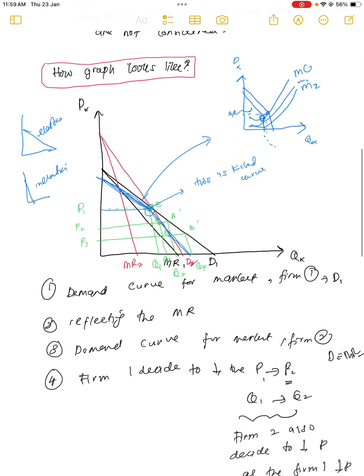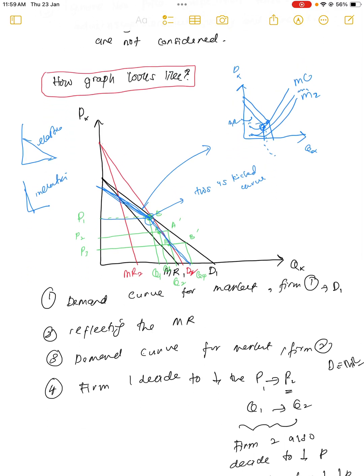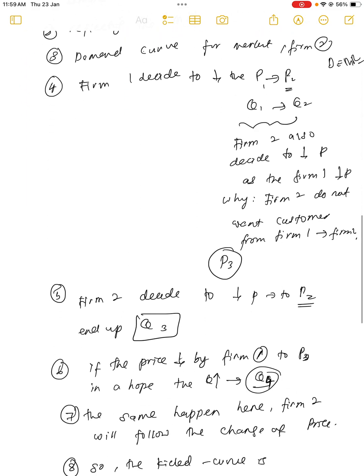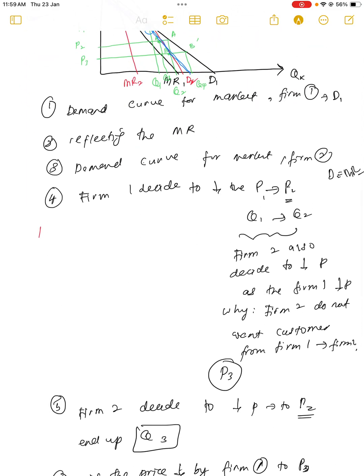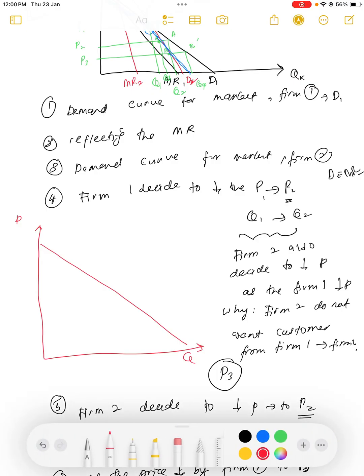Okay, now take a look at how the graph will look. Let me draw it again here. For example, we have company A. Let me erase this first.